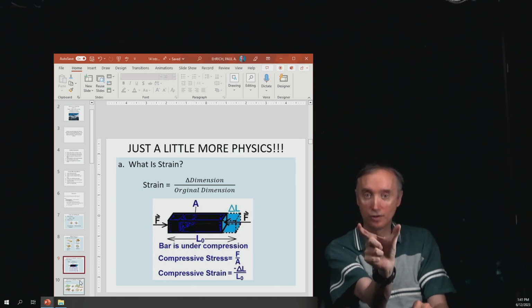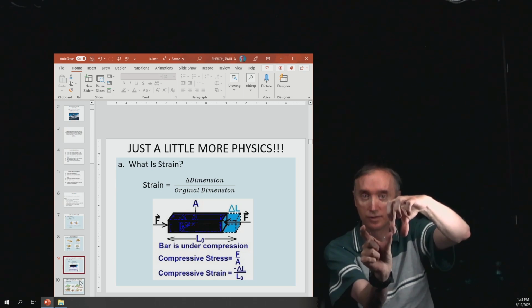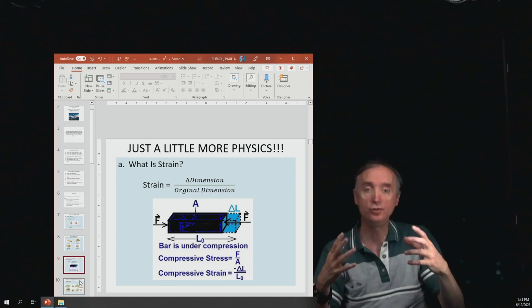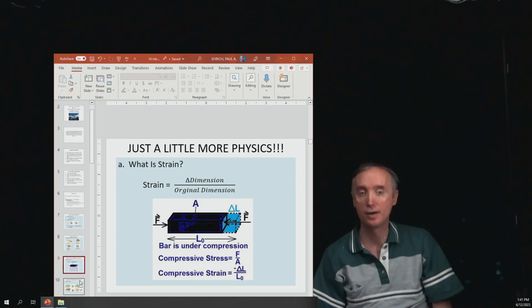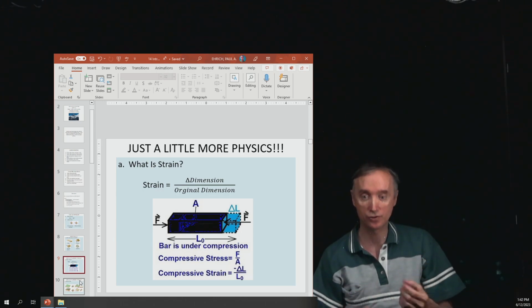The original length would be L sub 0, then you change it by this amount over here. That's the change in the dimension. So you can actually compute the amount of strain. Now you're not going to have to do that on the exam, but that's where you can actually calculate the strain on an object. It's how much its shape changes.